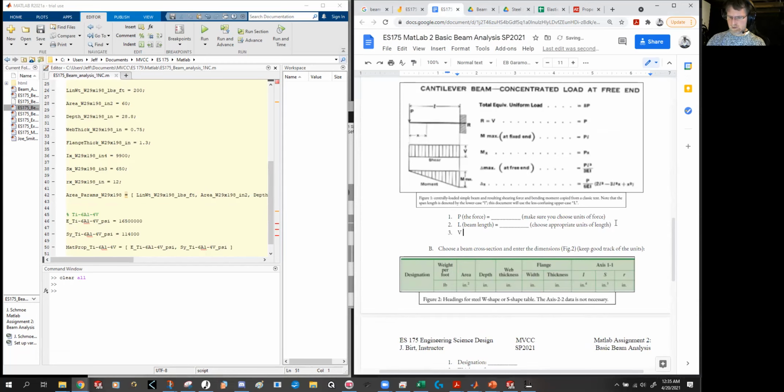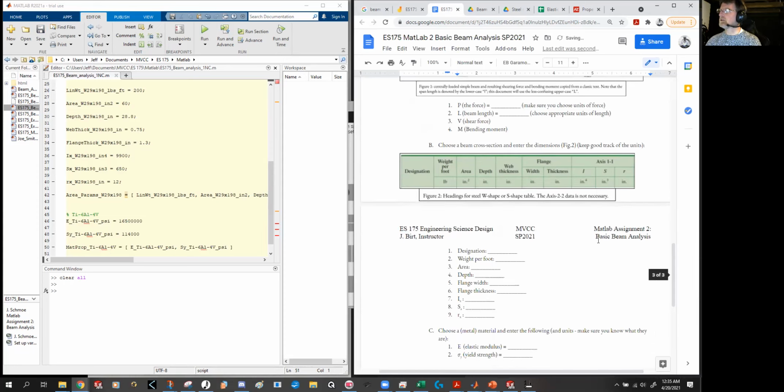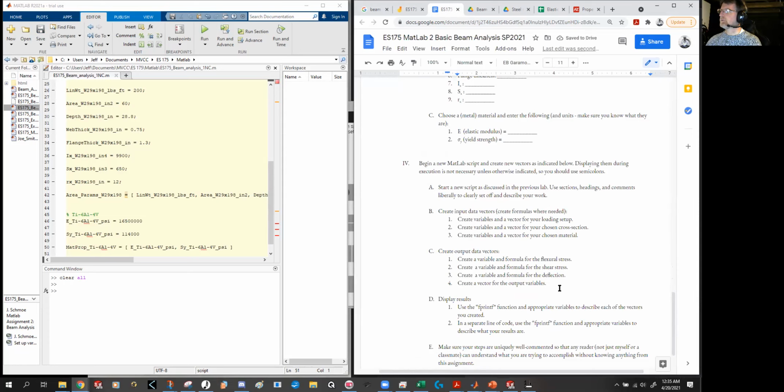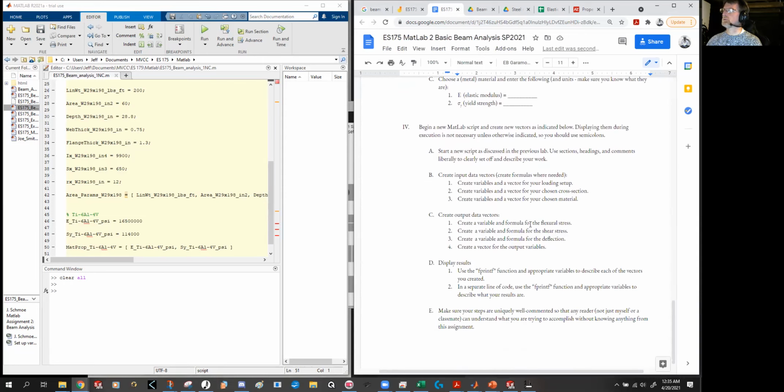V, shear force, M, bending moment. Unless, did I already include those down there? Oh yeah. Okay, but I'm going to make sure that you calculate those too. Okay, so that's why I put those in there.